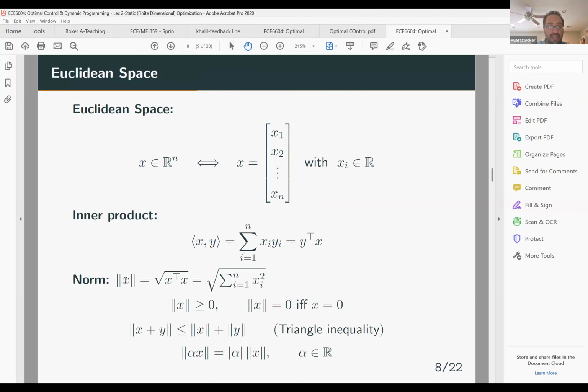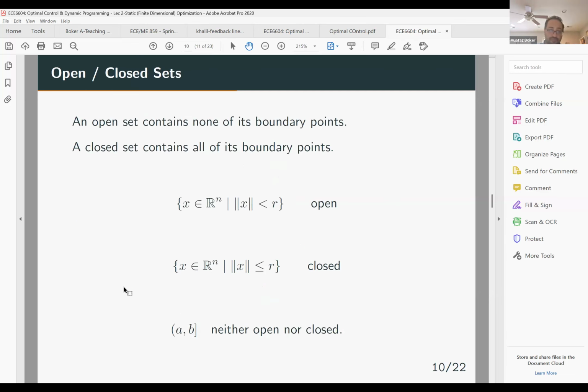The norm is a function that takes in a vector x and gives us a scalar value. So the value of the norm is a number. It takes in a vector and gives us a non-negative number. Okay, keep that in mind.